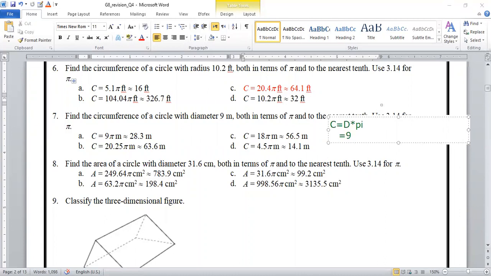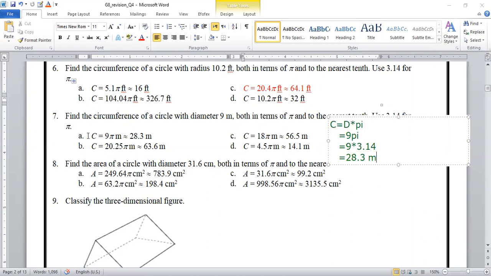The diameter here is 9, so the circumference in terms of pi is 9 pi. By substituting pi with 3.14, circumference equals 28.3 meters.